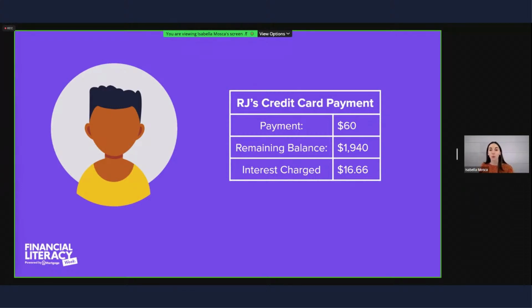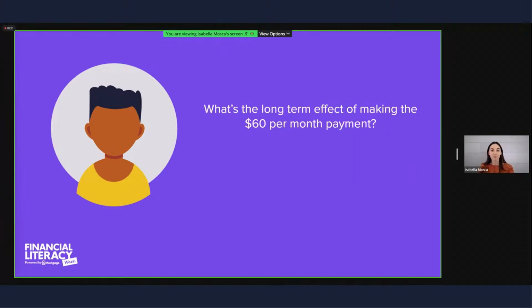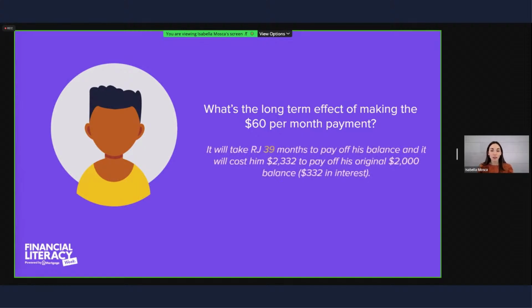You're likely wondering, what are the long-term effects of RJ making his $60 payments to repay the balance? The good thing is we're thinking the same thing, and the results may be a bit surprising. So what are those long-term effects of that $60 payment? It will take him 39 months to pay back that balance, and it'll cost him $2,332 to pay off that original $2,000 balance, with a whopping $332 in interest.